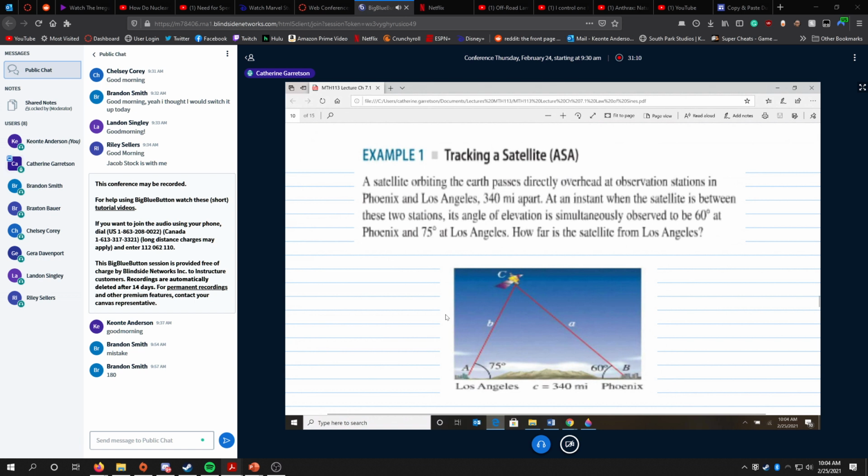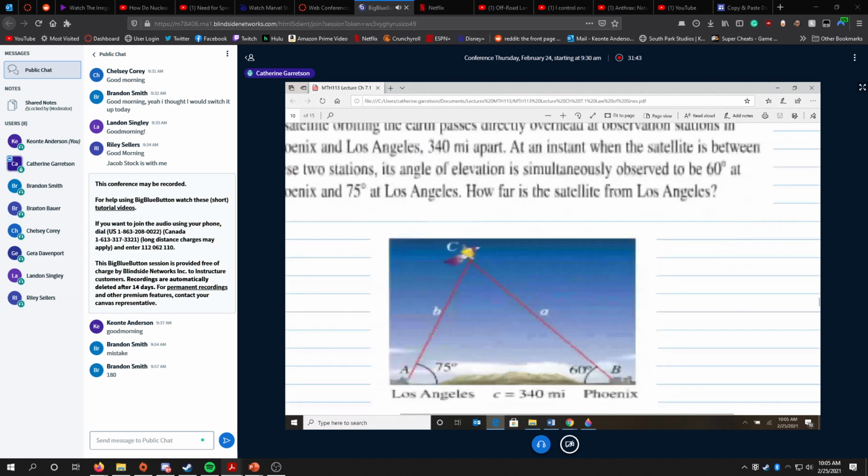They always use law of sines, because what they would do is they would have 2 points a fixed distance apart, and then they would calculate the angle to this point and the angle to this point. That triangulation is based on law of sines, and that is how they could determine how far away this object is. So tracking a satellite is an example of that triangulation.